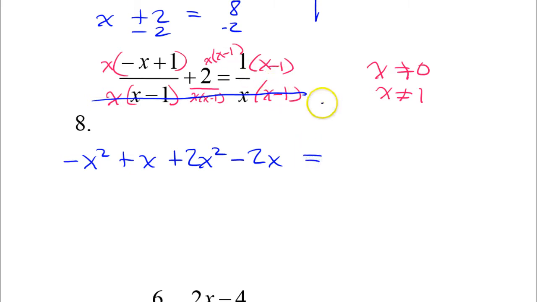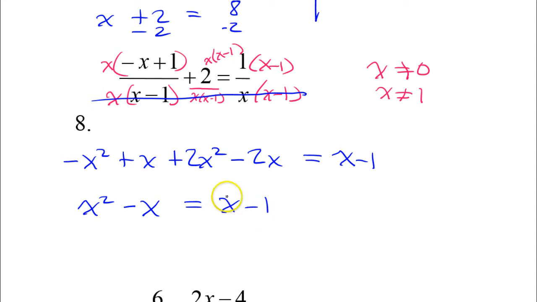Meanwhile, over here I have equals x minus 1. So like terms: I have negative x squared and positive 2x squared, so that makes x squared. I have x and I have negative 2x, so that's negative x. That equals x minus 1.